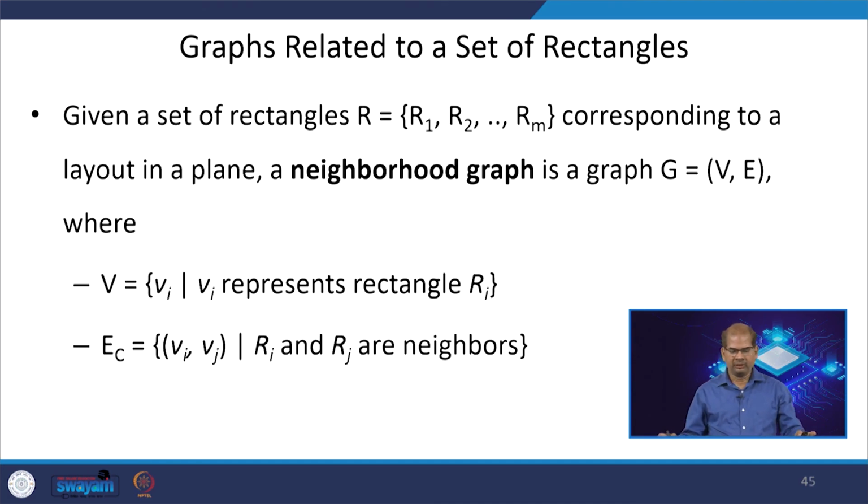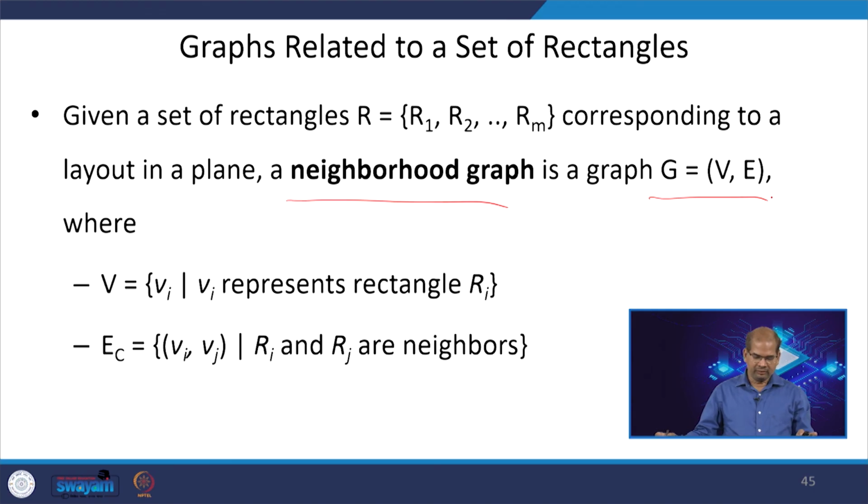Now, we have a graph related to rectangles. This is called the neighborhood graph, G(V, E). V represents the rectangles R_i, and E is defined if two neighbors are touching each other.